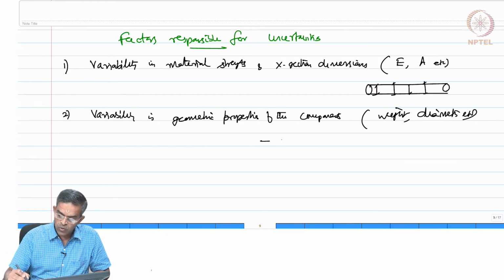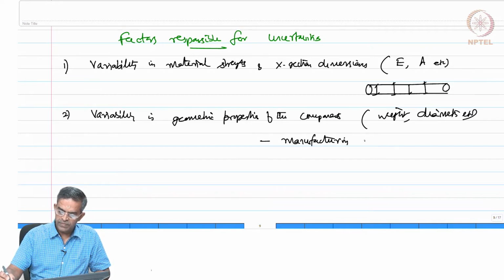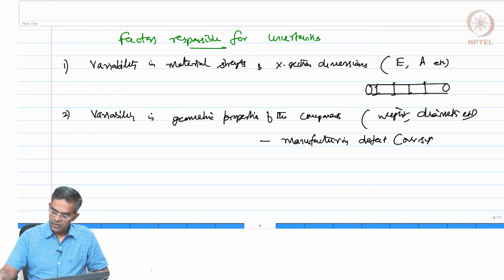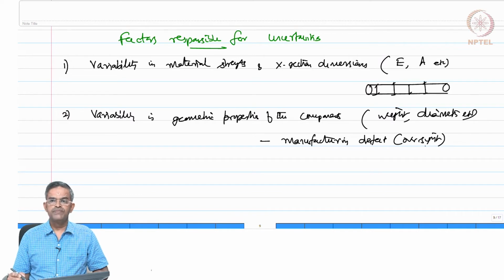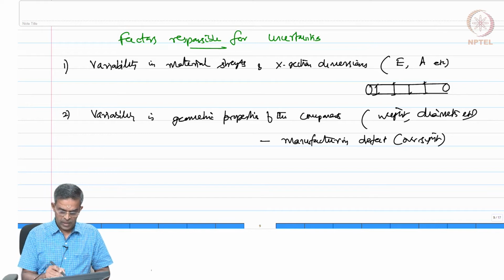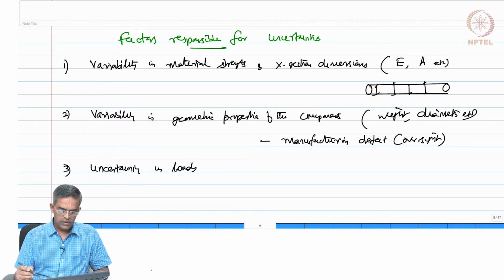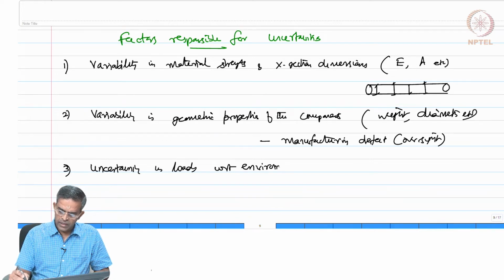So, this can be associated to manufacturing defect or oversight and can be controlled if you have a quality product from a branded company. Okay. The third is uncertainty arising from variability in loads with respect to the environmental conditions.